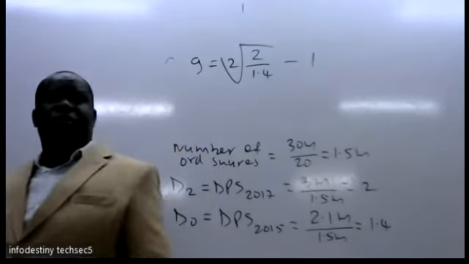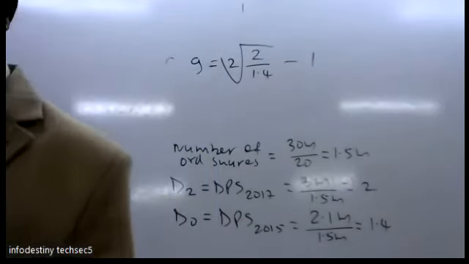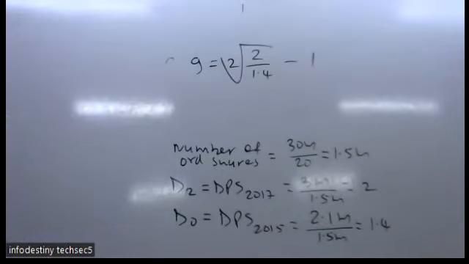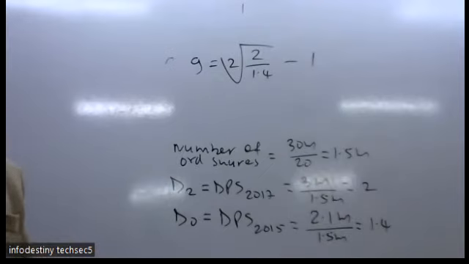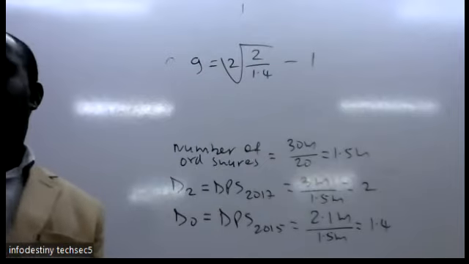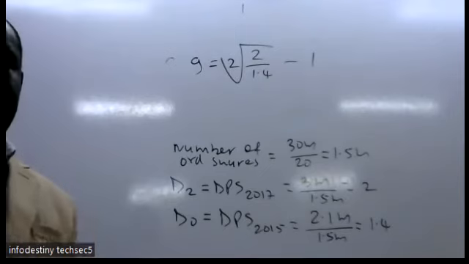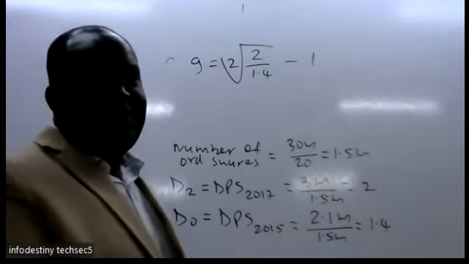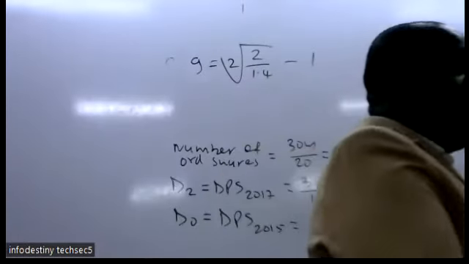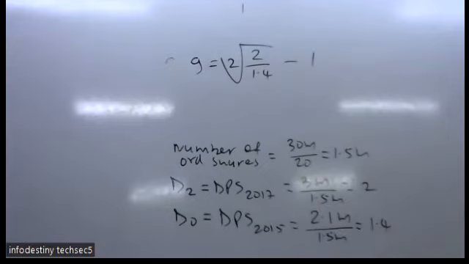Then we can now get G from that level. When you express it as a percentage, you multiply by 100.